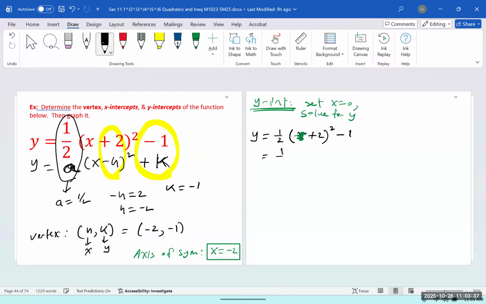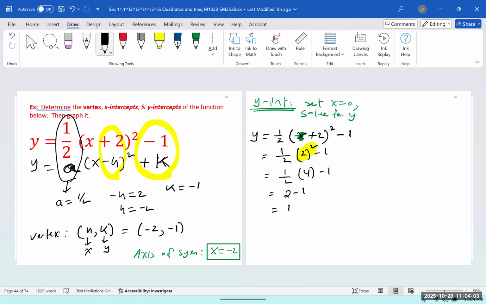So we have 1/2 times 2 squared minus 1. Do the power first. It's 4 minus 1, and then what is half of 4? So 2 minus 1, which is 1.